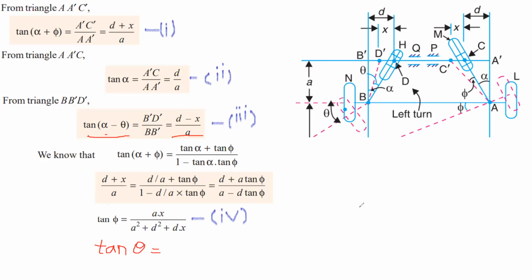Ax upon negative a square plus d square minus dx. Correct. Okay, let us verify it. So you get like this: tan theta is equal to ax upon a square plus d square, here you get minus dx. Okay, check. So it is your equation 5.